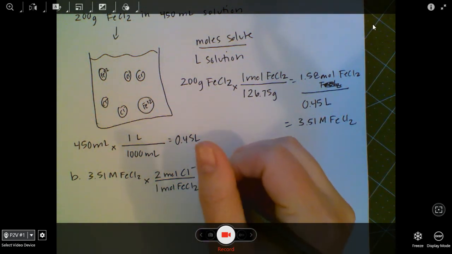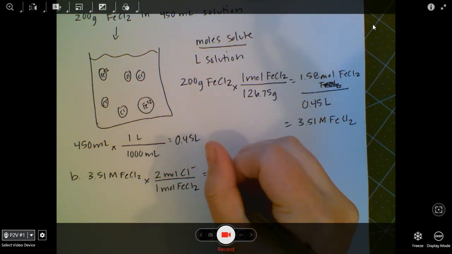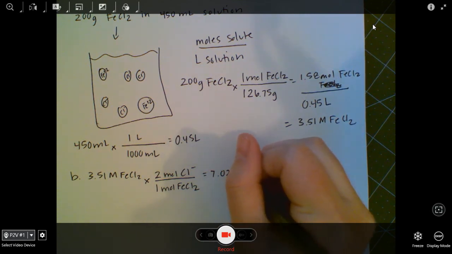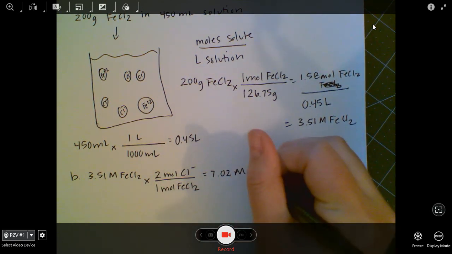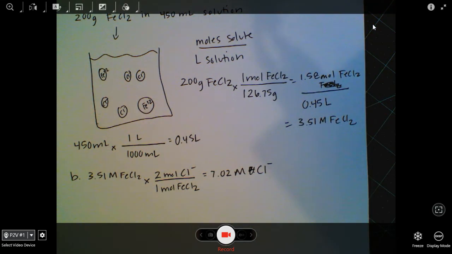And so when I do that, I get right in the neighborhood of 7, so it's 7.02 molar Cl minus ions or chloride ions. So when we do those types of calculations, you have to take into account how many ions are formed in this situation, okay?